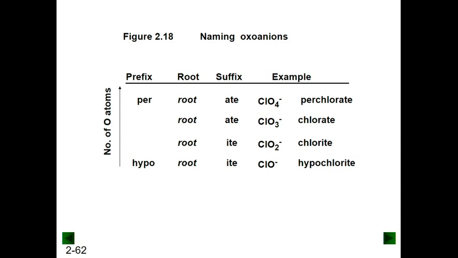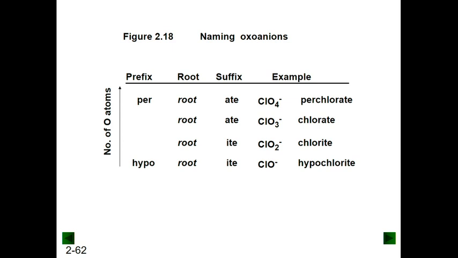And finally, we have ClO4 -1. X plus 4 times -2 is equal to -1, so X is equal to +7. So in that case, we have the highest oxidation number, and that belongs to the top one.